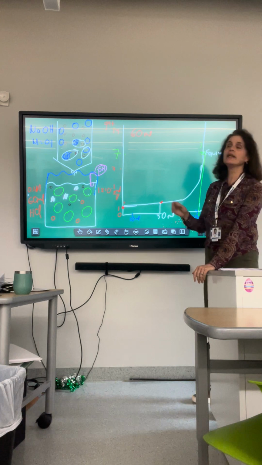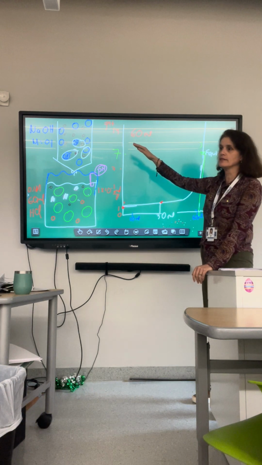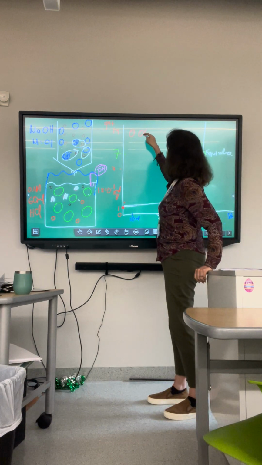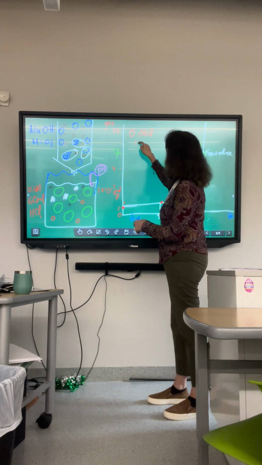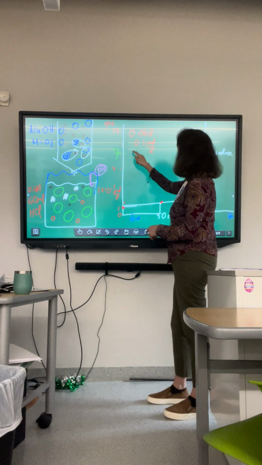So instead of 60 milliliters, I need to write it as what? 0.06 liters, and then the concentration will still be 0.1 moles per liter, right?